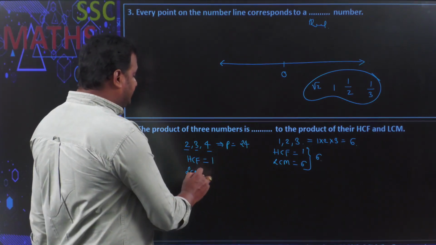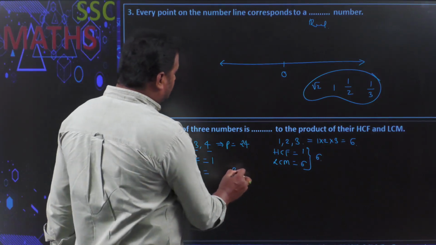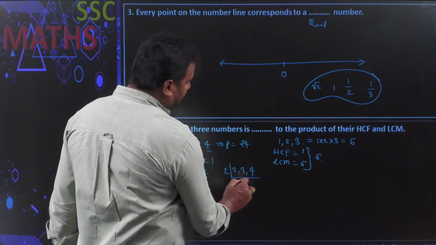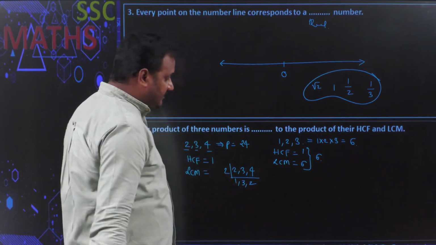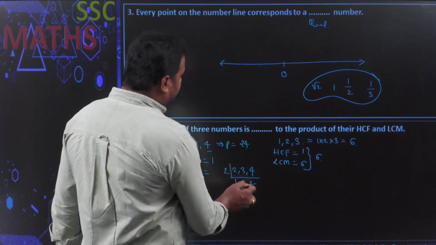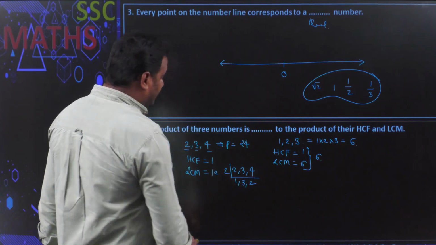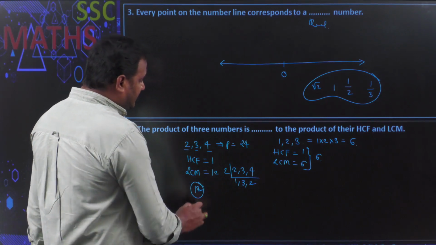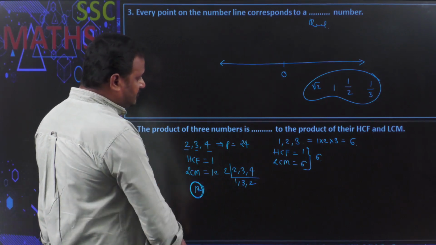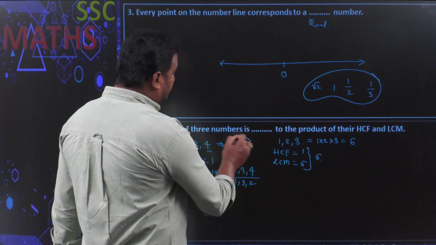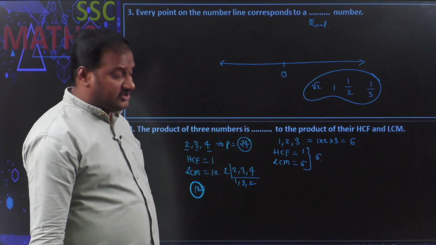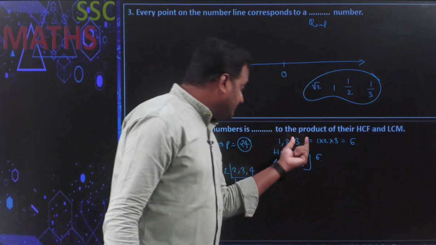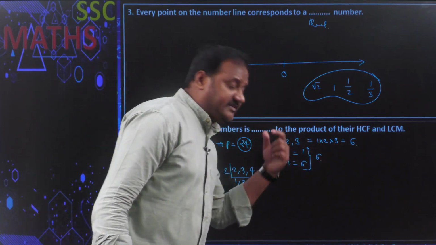LCM of 2, 3, 4 is 2 3s are 6, 6 2s are 12. What is the product of HCF and LCM? 1 12s are 12. So HCF into LCM is equal to 12, but the product of the numbers is equal to 24. So the product of numbers is more than HCF into LCM. In the earlier case, the product of numbers is equal to HCF into LCM.